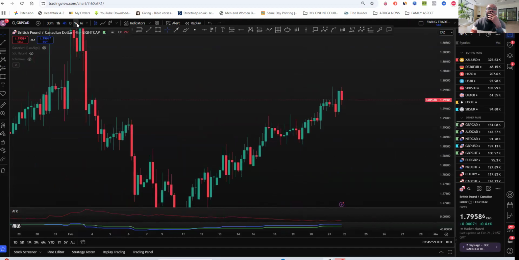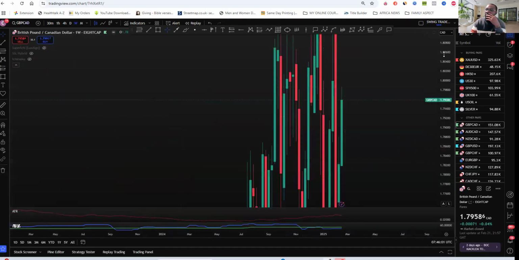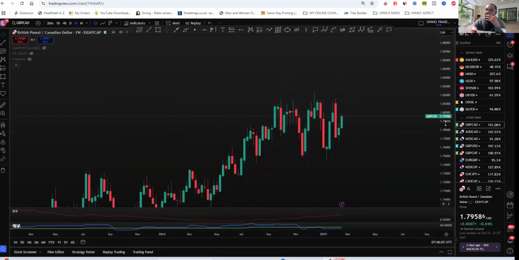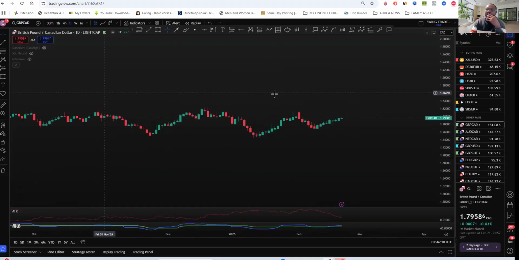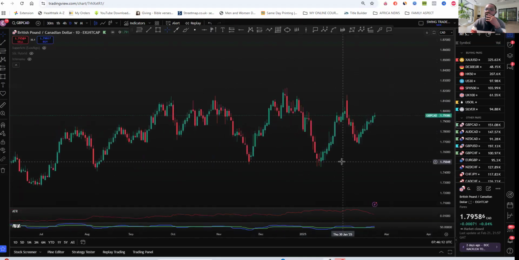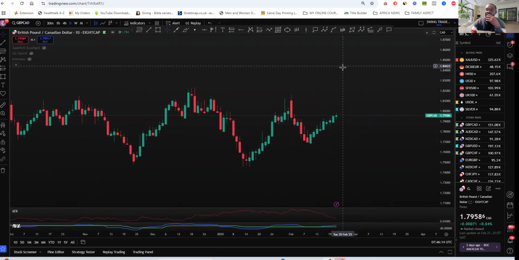Now, if you go to the weekly of GBP CAD, the market is consolidating. Personally, I would say that on the weekly, the market is consolidating. On the daily, we can actually see that there is a reversal to the upside.